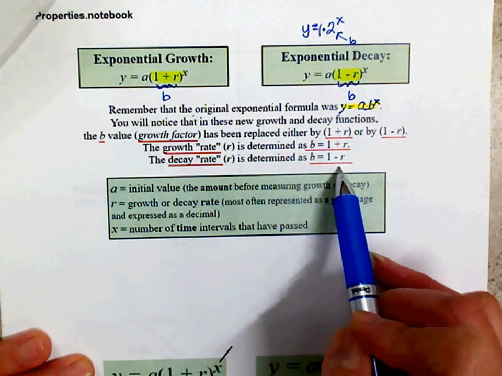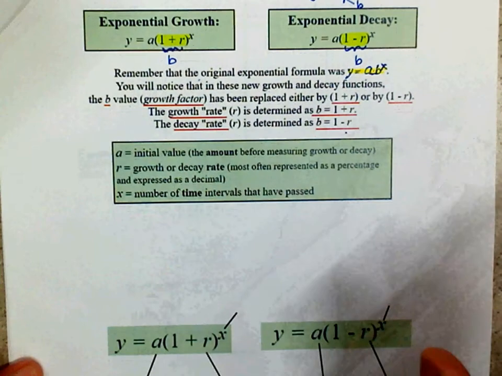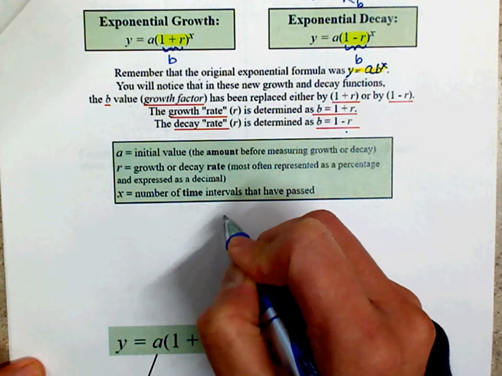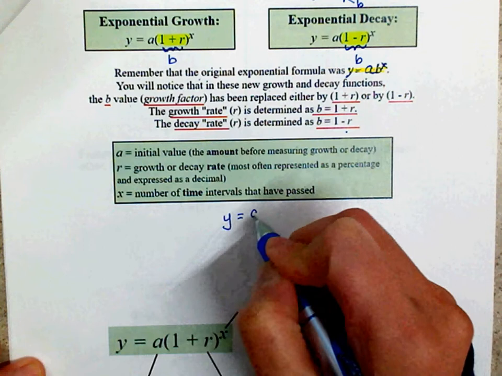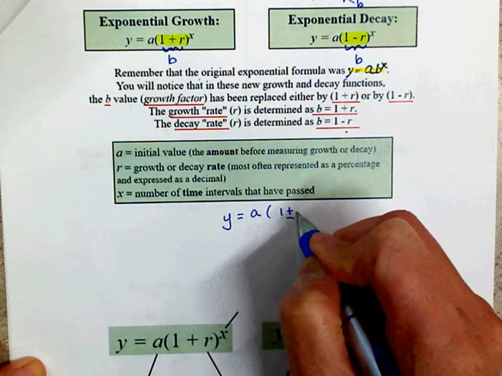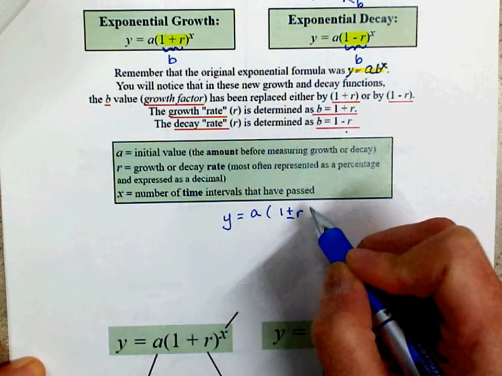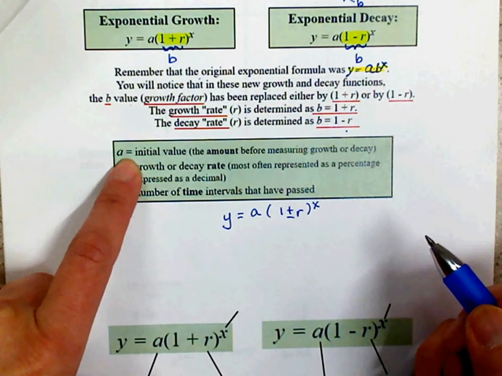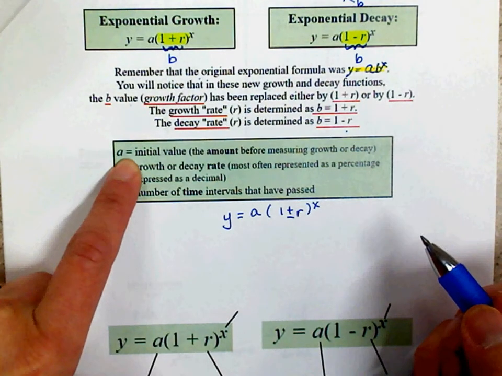Okay? So when you have an equation like that, let's go ahead and write y equals A times (1 plus or minus R) raised to the x. The A is your beginning amount, that's the initial value.